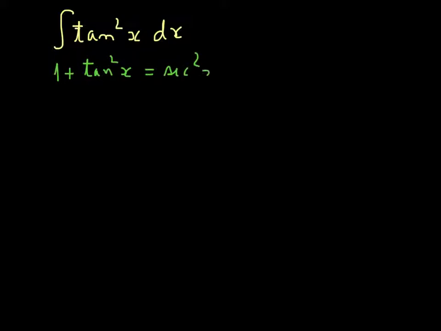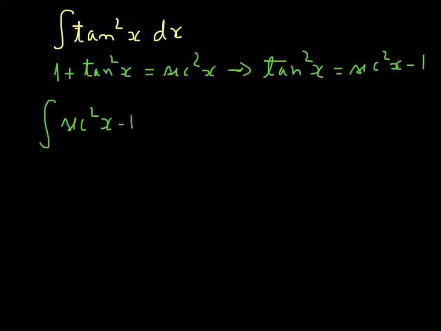And now we know how to calculate the integral of sec square x. Therefore, tan square x equals sec square x minus 1. So your integral is integral sec square x minus 1 dx. We know that integral sec square x is tan x. Integral of 1 is x.